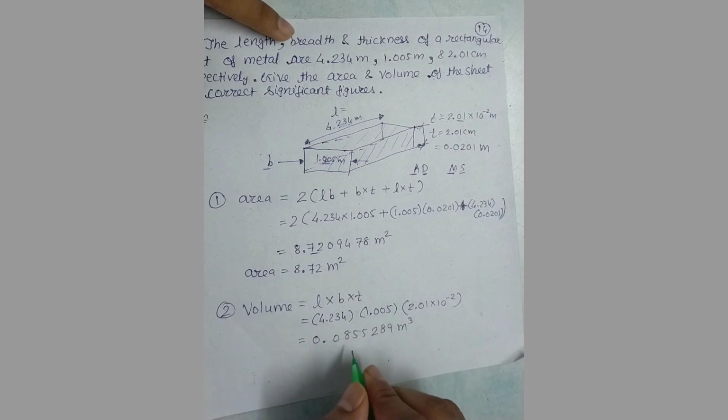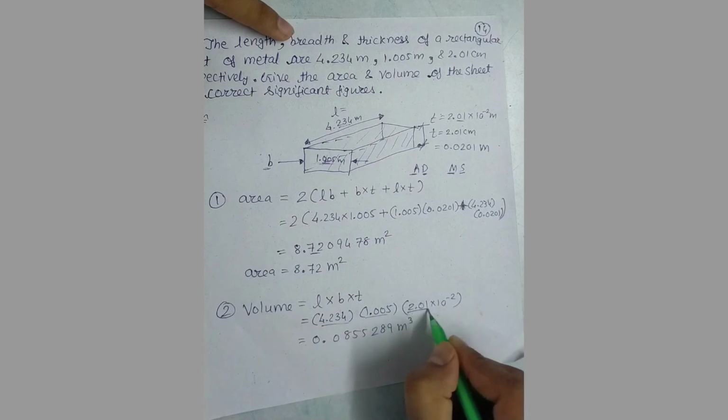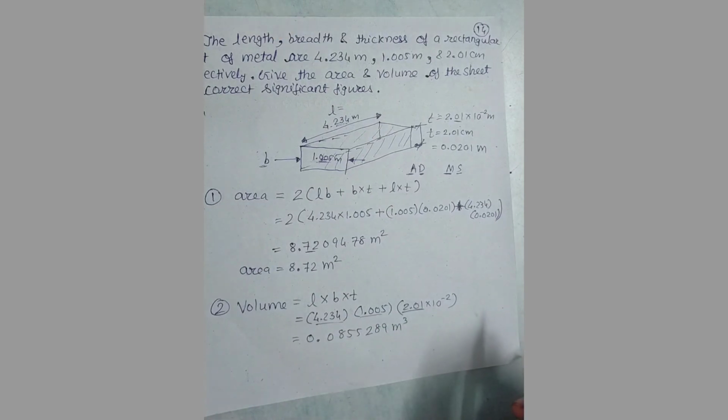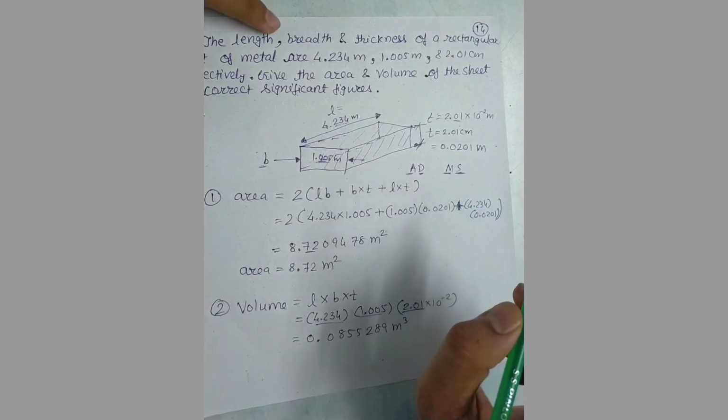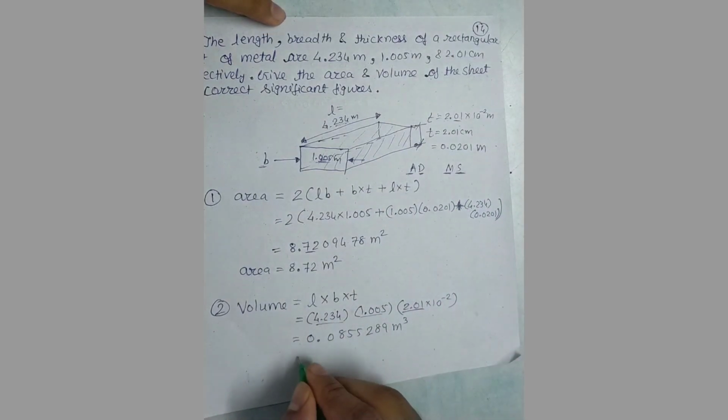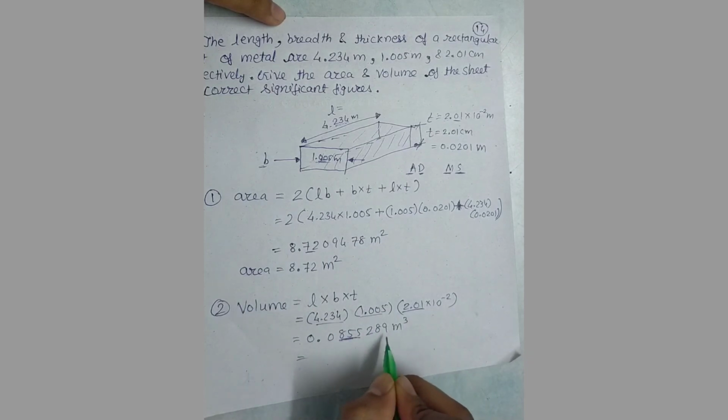Now we have to round off these figures. Again, this has 4 significant figures, this has 3 significant figures. In multiplication, we have to retain significant figures and not the decimal places. So here there are 3 significant figures. If we round off up to 3 significant figures, this 9 will convert this 8 into 9, this 9 will convert this 2 into 3, but this 3 cannot convert this 5 into 6.